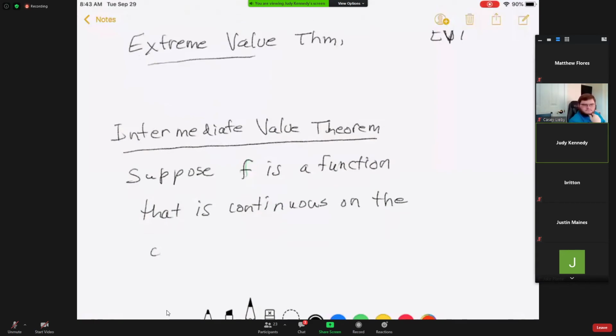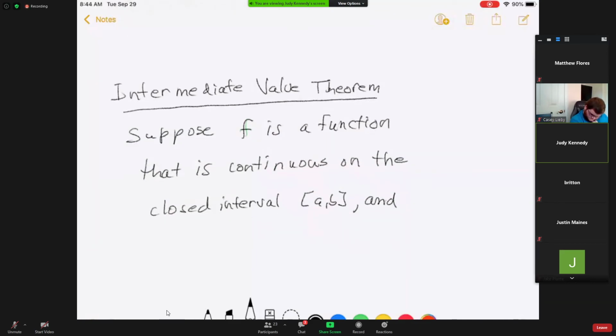Closed interval is very important. And also f of A is not equal to f of B, so it takes different values at the endpoints.